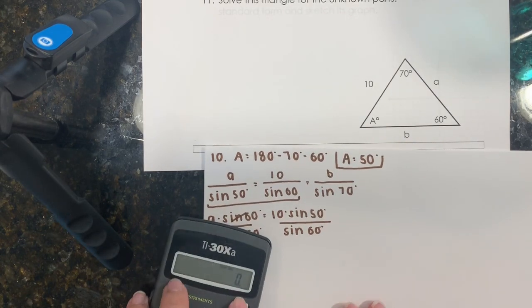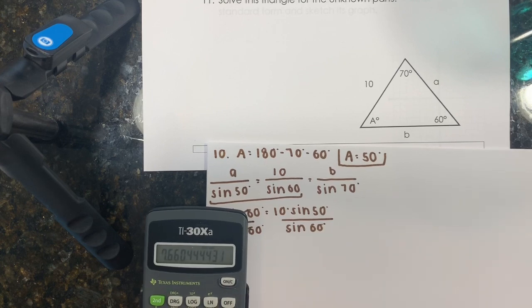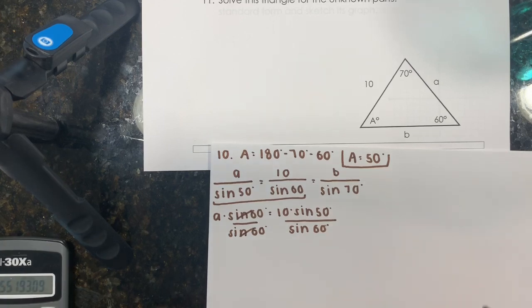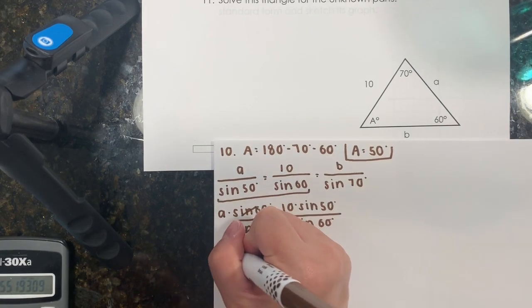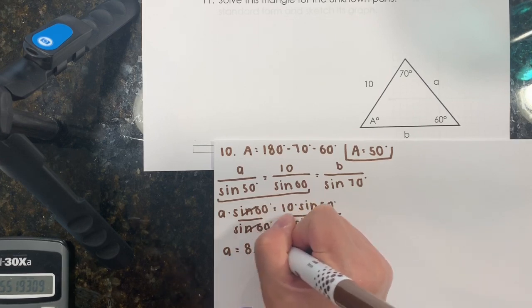So that would be 10 times sine 50, divided by sine 60, and you get 8.85. So A is 8.85.